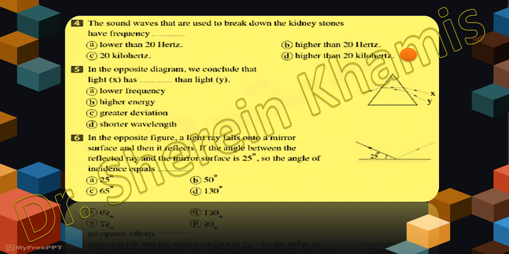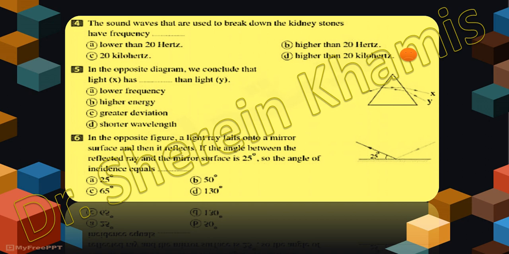In the opposite diagram, we conclude that the light X has what compared to light Y? Lower frequency, higher energy, greater deviation, or shorter wavelengths. What do you think about this one?